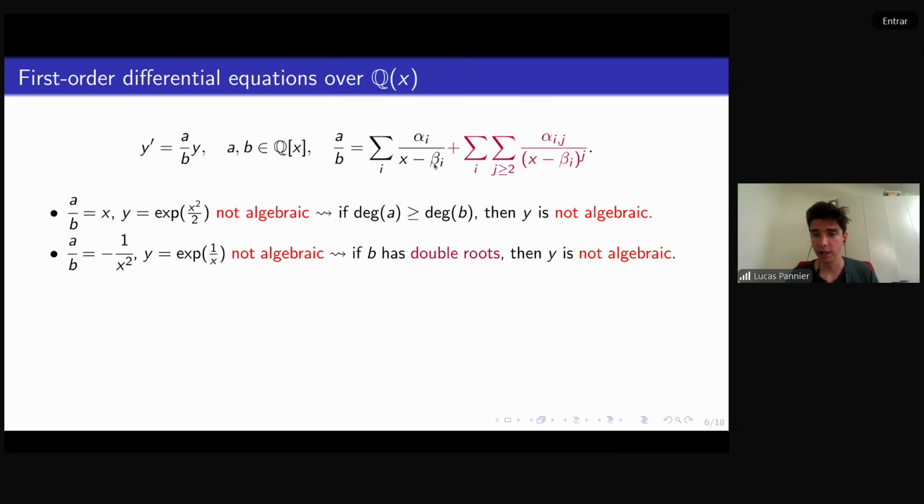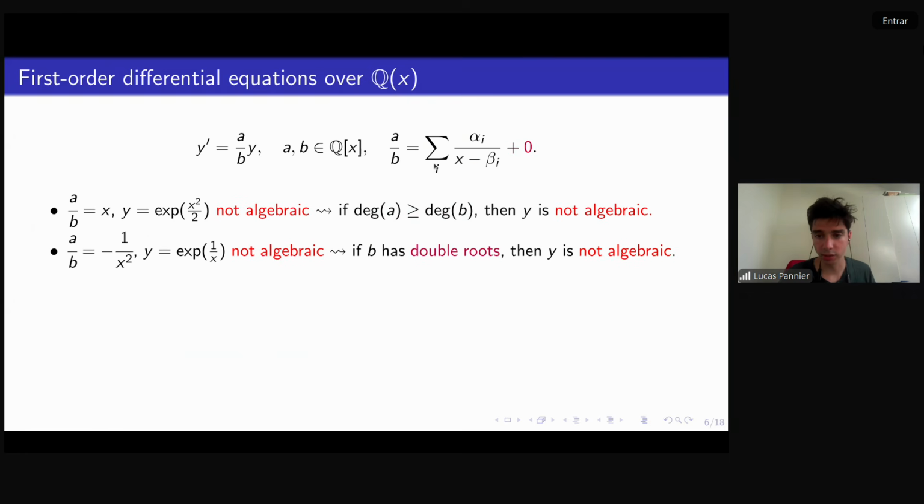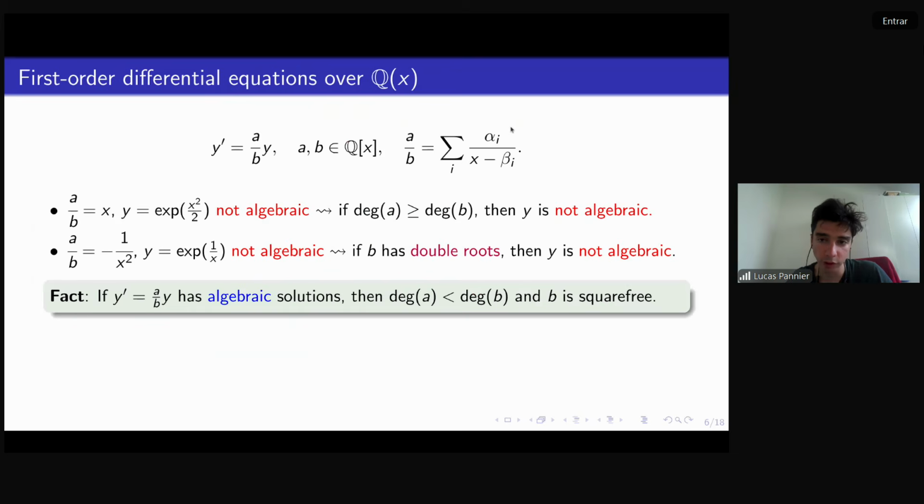So we're actually interested in differential equations over Q(x) that have this shape: a over b is a sum of some residue over x minus a pole. What we have proved, if I recall correctly, is that the degree of a is smaller than the degree of b, and b is square free, if we assume that y' = (a/b) y has only algebraic solutions.